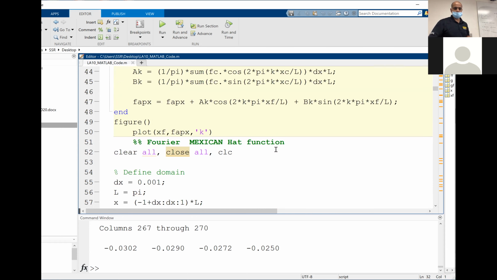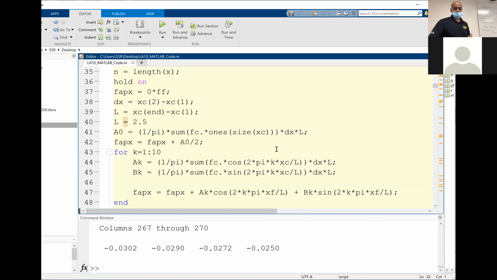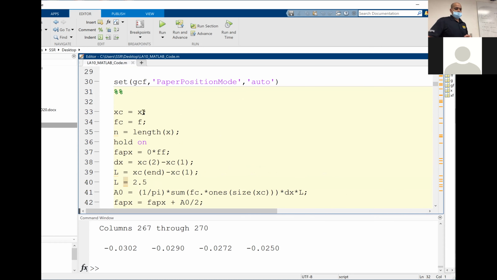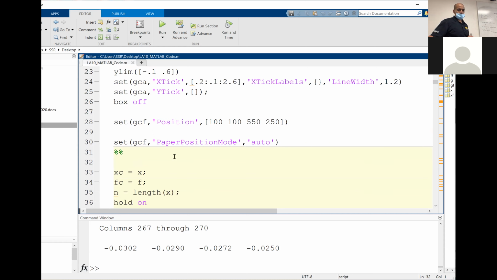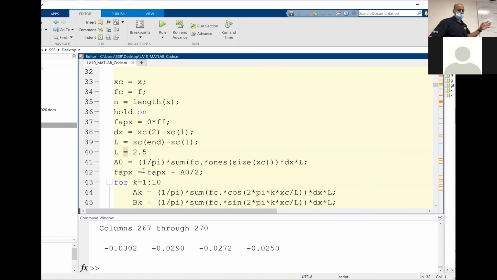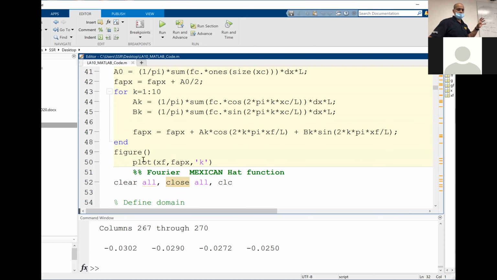So first I'm going to get x, then get the length, and then find out the sine component. Essentially, I would do the Fourier decomposition, and then plot the whole thing.